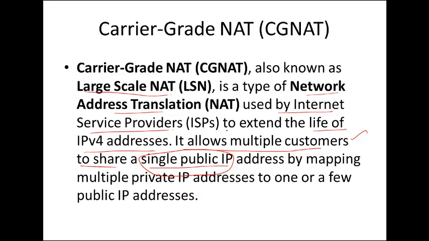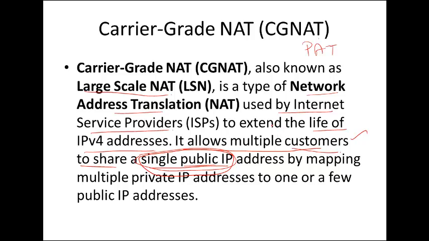So here, a normal domestic customer who is getting an internet connection in his house, it is very difficult now to see a public IP address given. All are given private addresses, and for all those private addresses, a single address is used for mapping. How can a single address be used to map multiple customers? You remember when we learned NATing, we learned something called port address translation, where we use the port number.